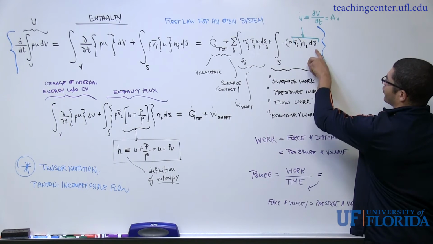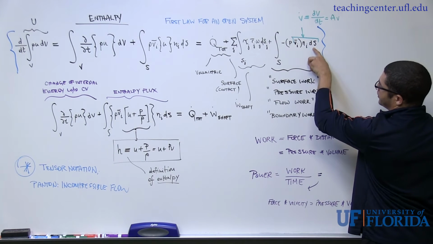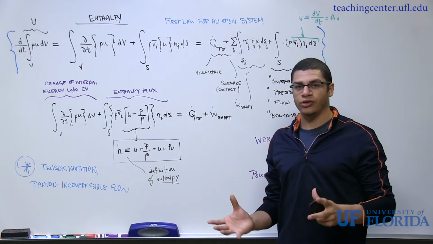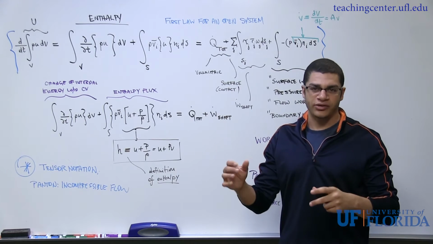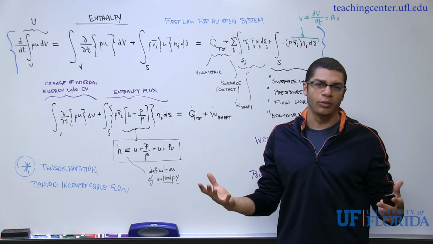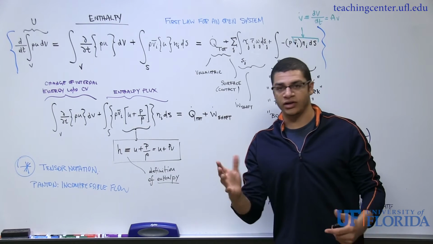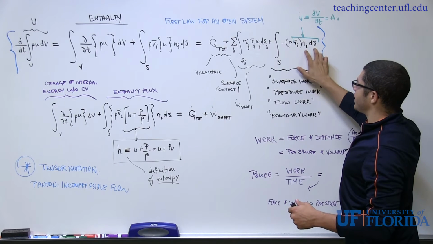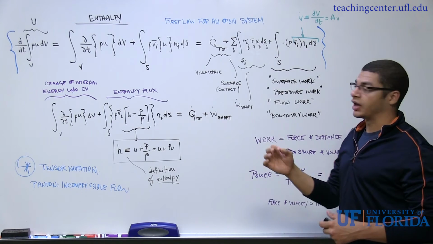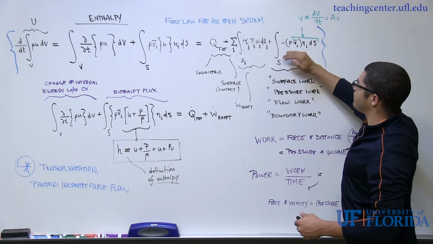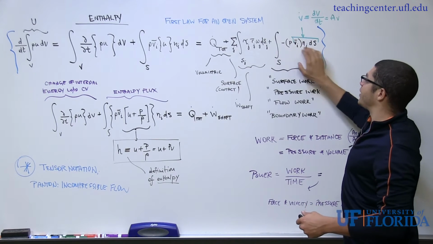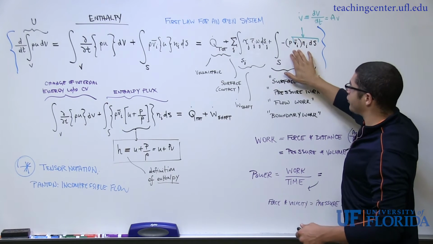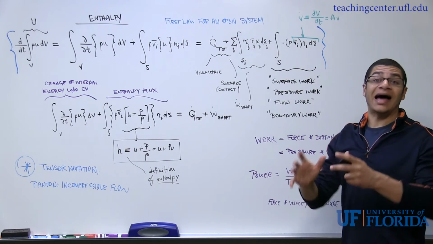Then over here, this term is Ni dS, where Ni is just a unit vector associated with the entire surface, and so each portion of the surface has a vector associated with it, which tells me the geometry and relative orientations of the surface. It's unitless, but Ni dS gives me the differential surface area element on my control surface. So I get a power per unit area times an area. That gives me a differential unit of power, and I'm going to sum this up over the entire control surface.